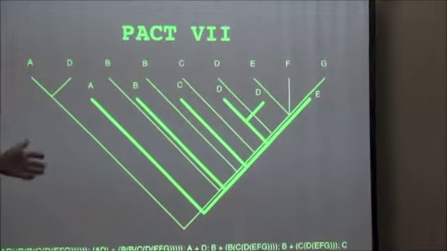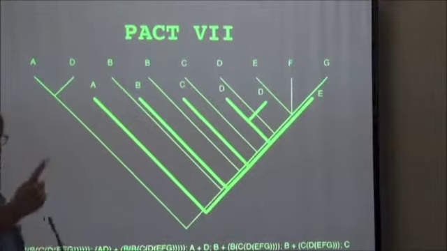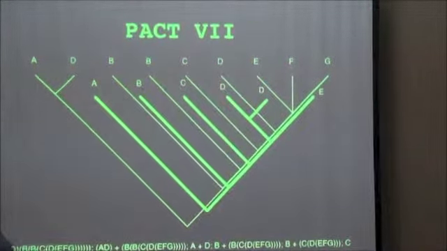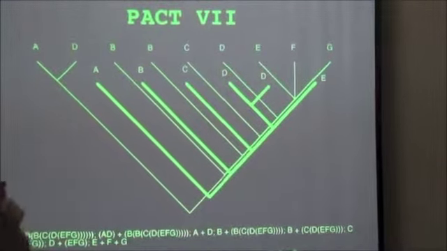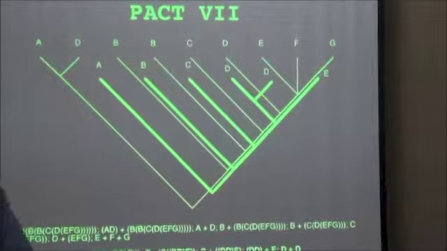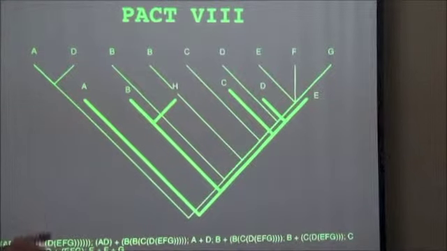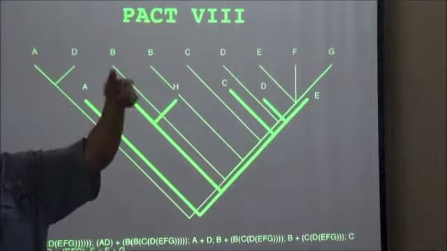But if this was the end of your analysis and that's all the data you had, you could collapse these into 1D, but you would still have to remember that in explaining your data, this 1D showing up there for one of your clades actually represented a duplication within that entity. But as far as PACT is concerned, it doesn't matter whether you collapse that or not, as long as it's in a terminal branch and you don't have any other data.